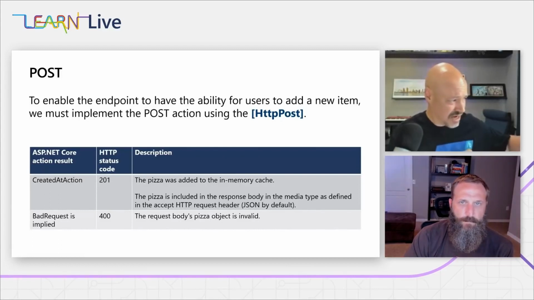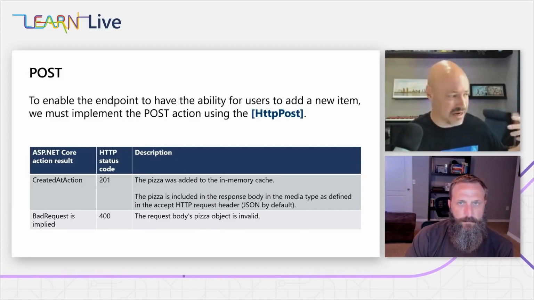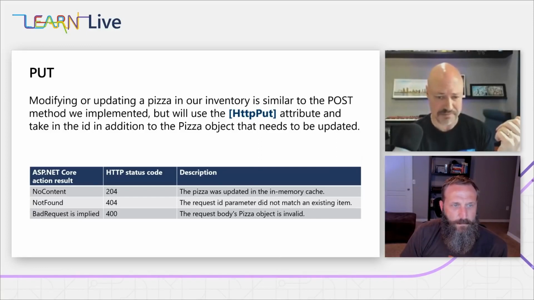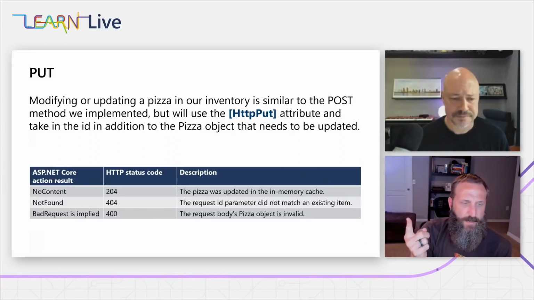That CreatedAtAction 201 is going to say, yes, I created a pizza, and it also returns information about it, like the ID, so I can get that back. So post creates a brand new pizza, and put is a way of updating an existing one. I get these two confused: put and post. What's the one I need to do to actually create something?